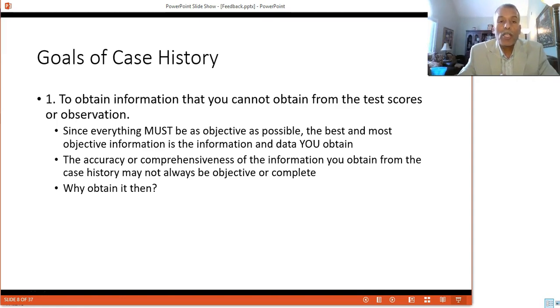You are the expert. You are going to get a diagnostic tool, and you use your clinical observation and judgment to determine these things with certainty. For the case history, we focus on the background that enables us to interpret the scores and the testing that we do.